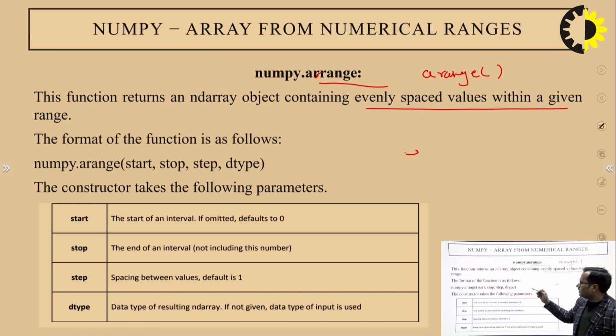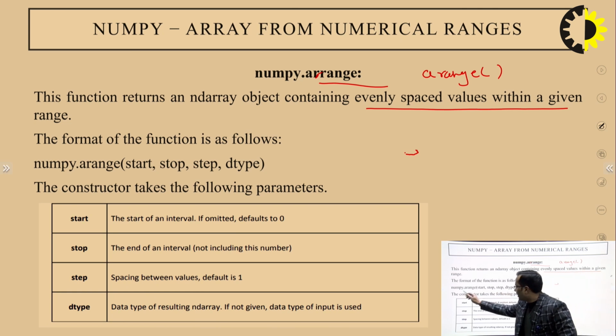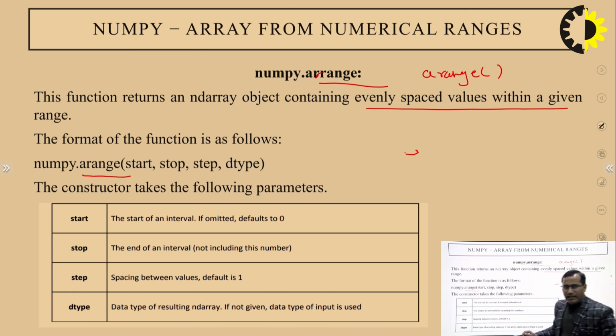That means we can provide a range, and it creates the ndarray object with evenly spaced values within the specified range. The format to create this ndarray object is the NumPy arange function. As parameters, we can provide the start, from where we create the ndarray object, then stop, and then step. And as I have said, if we want to create an array of a specific data type, we can also provide the dtype parameter.